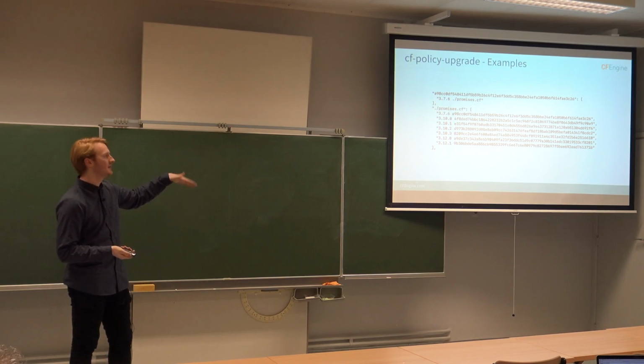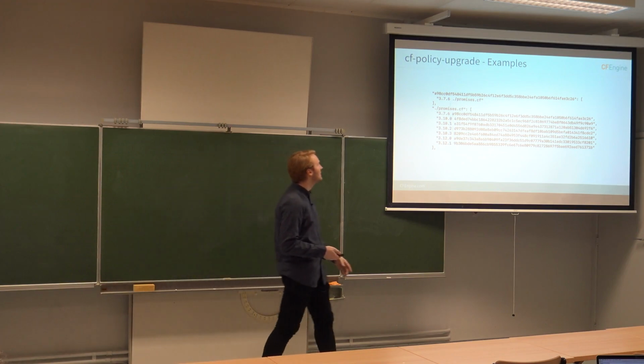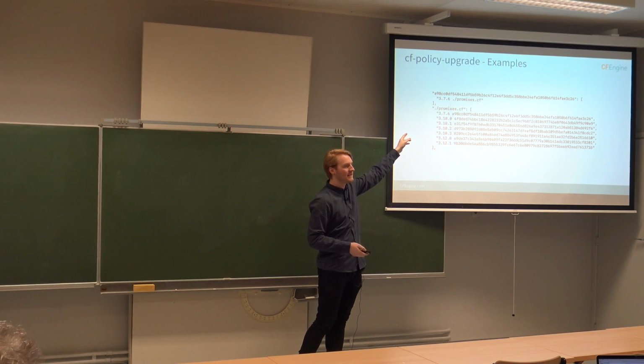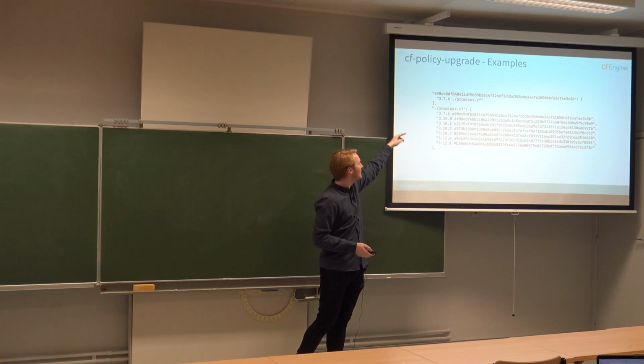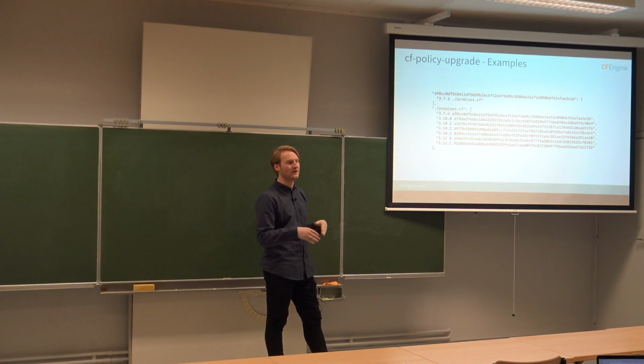Here's a snippet from the JSON that it outputs. This hash is for the 3.7.6 version of promises.cf, and promises.cf has these different versions with these hashes. So it's very easy to programmatically look up which version you have, or if you have custom changes, if it's not anywhere in this information.